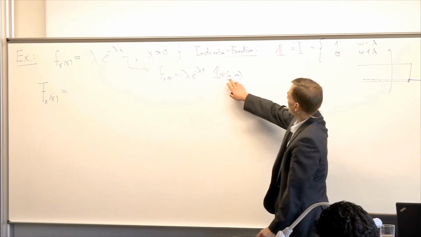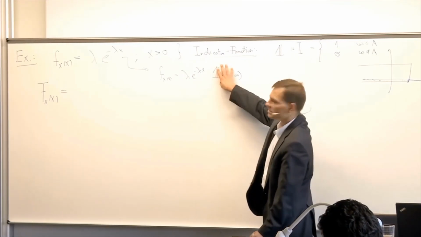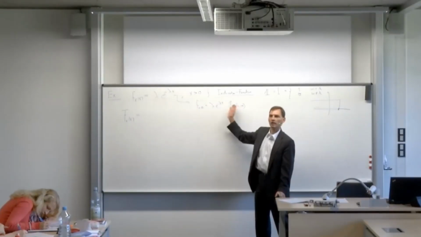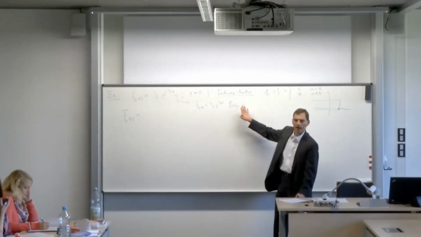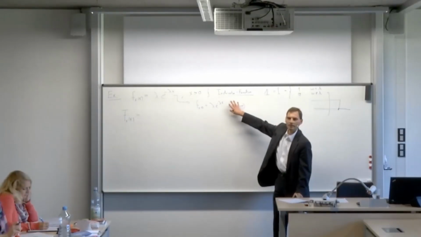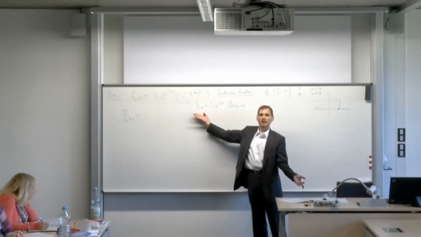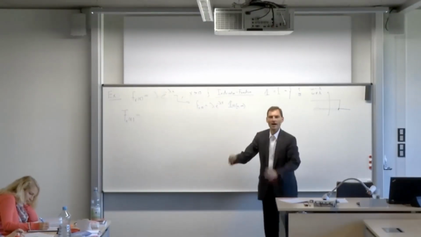So if x is positive, then this is 1, because you multiply just with 1. If x is not in this interval, then this indicator function gets 0, and 0 times something, the density is 0. Now this is another way to write it in a compact fashion.